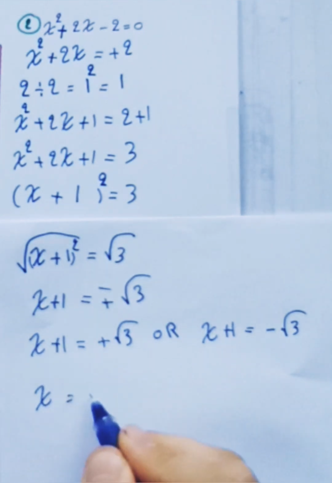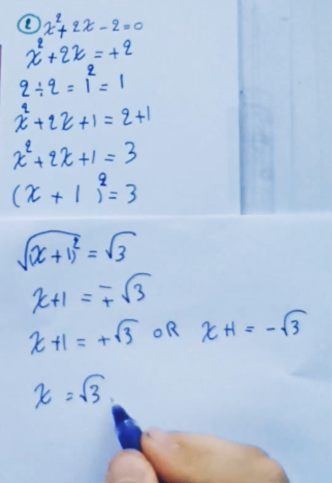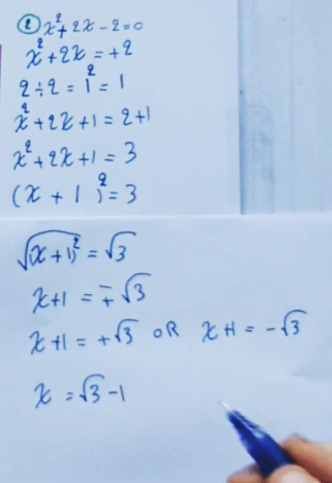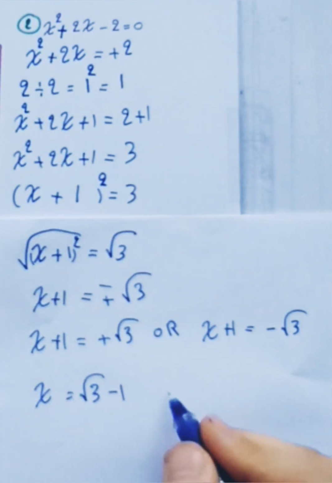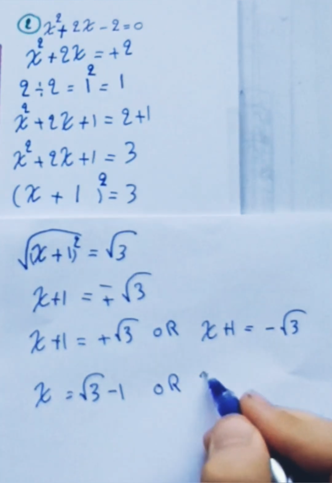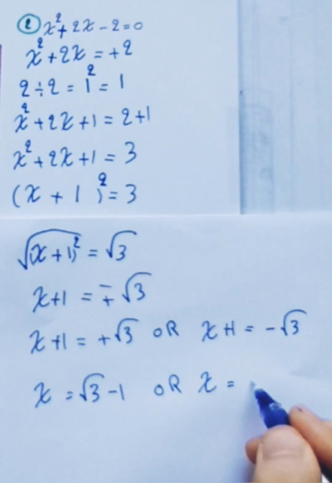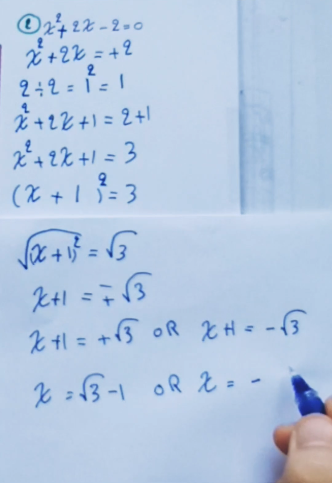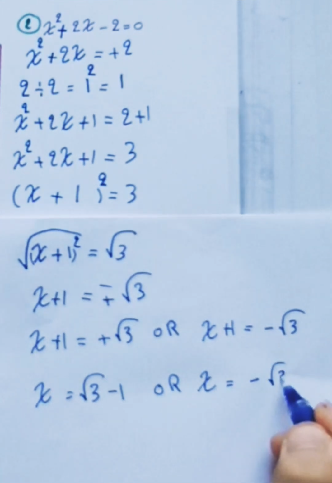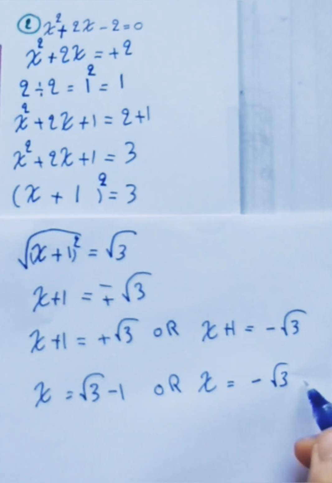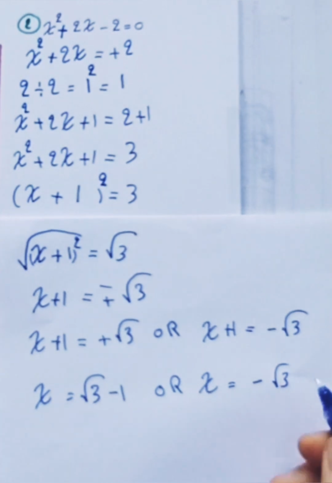So x is equal to root 3 minus 1, or x is equal to negative root 3 minus 1.